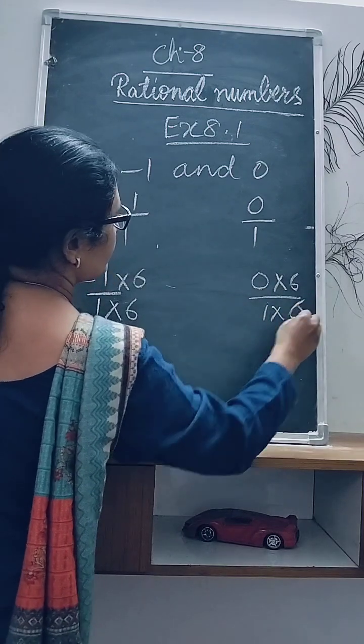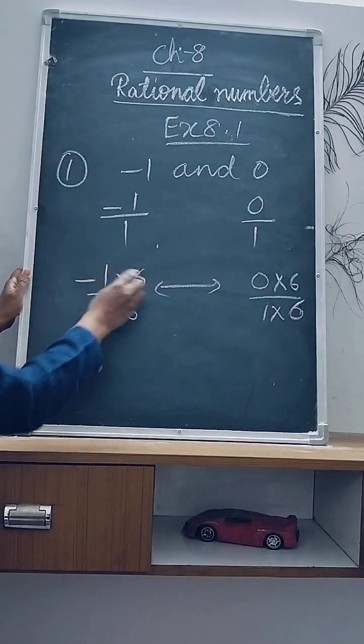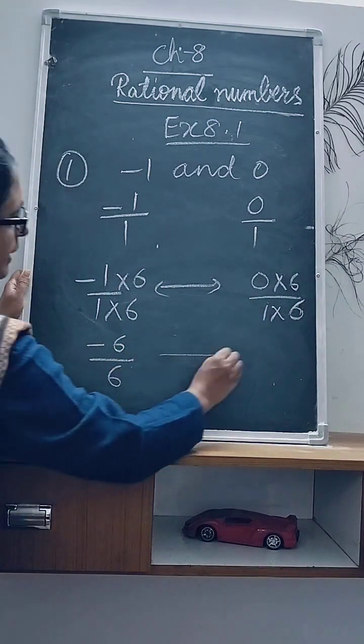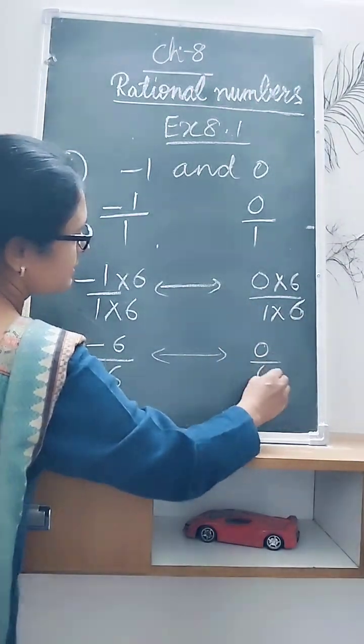So minus 1 into 6 is minus 6 upon 6, and here we get 0, because when we multiply anything by 0 it becomes 0.